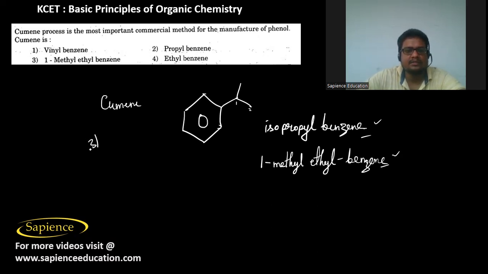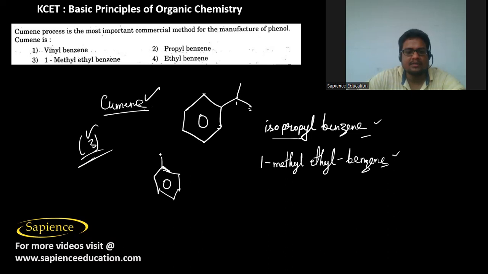So option 3 is the correct answer. So the common name of isopropyl benzene or 1-methylethyl benzene is cumene, which is used for the manufacture of phenol. Phenol is a benzene ring with one hydroxy group. So phenol can be obtained from cumene, and this is also used in the commercial process.